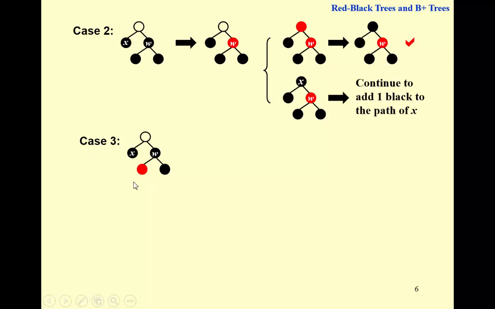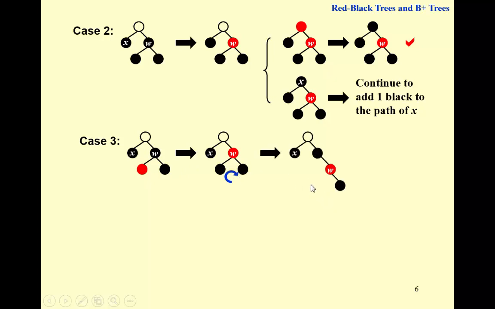In case 3, the initial situation is this. It has a black sibling, and the left child of its sibling is red, and the other one is black. In this case, the strategy is again swap colors and rotate. Okay, swap the colors of these two nodes and make a rotation.